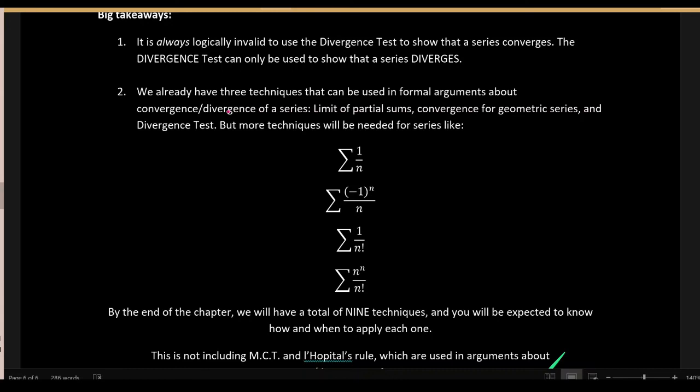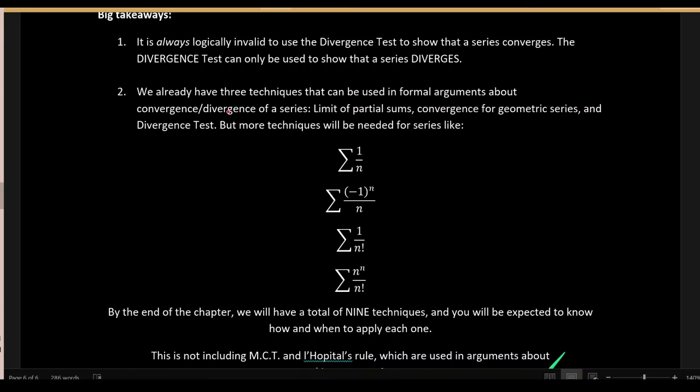But there are still a lot of series that cannot be analyzed using just these 3 techniques. For example, the sum of 1 over n, the sum of minus 1 to the n over n, the sum of 1 over n factorial, and the sum of n to the n over n factorial: none of these can be analyzed using the techniques that we have so far.